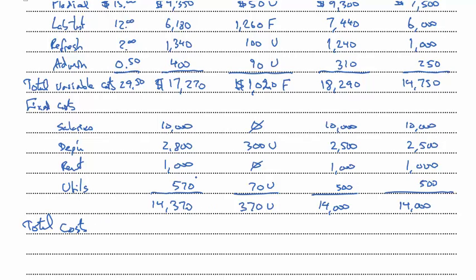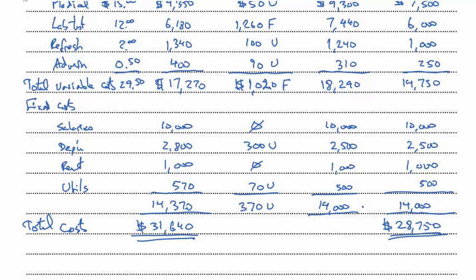All right, total costs. So add these guys together and we get an actual total cost of 31,640, and that's right from the book. Static budget 28,750.